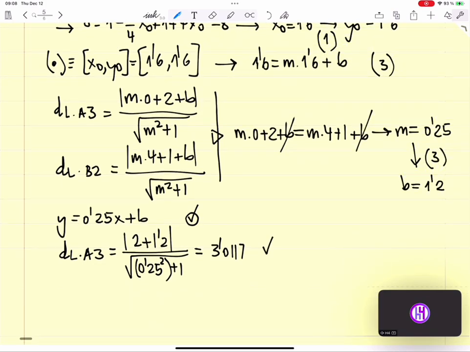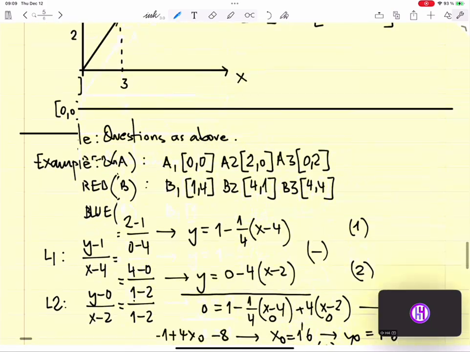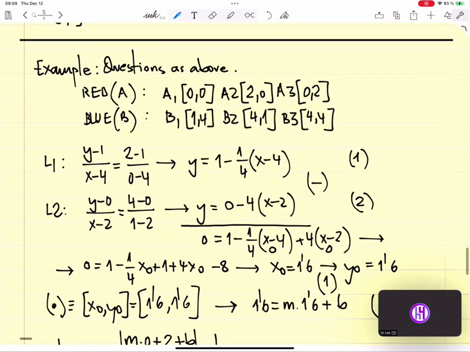So that's the second question, and the support vectors are A3 and B2. Okay, so this exercise, I just made it in less than 5 minutes.